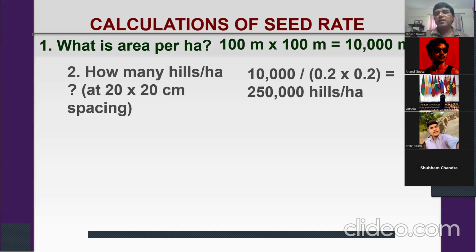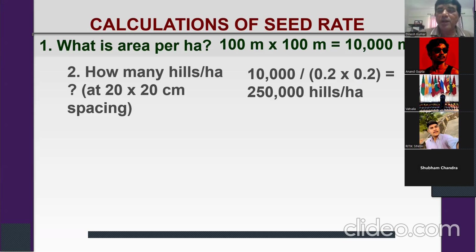Now it can be calculated like this: 10,000, which is 100 meter into 100 meter, divided by 0.2 into 0.2, and it is worked out to be 2,50,000 hills per hectare, or 2.5 lakh hills per hectare. So many hills we need to have in 1 hectare.